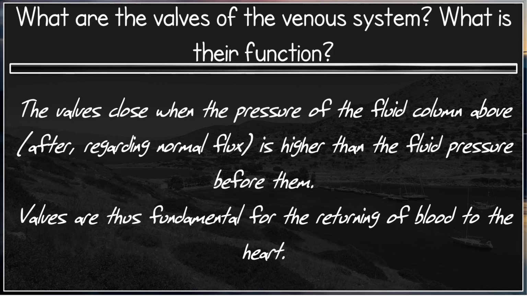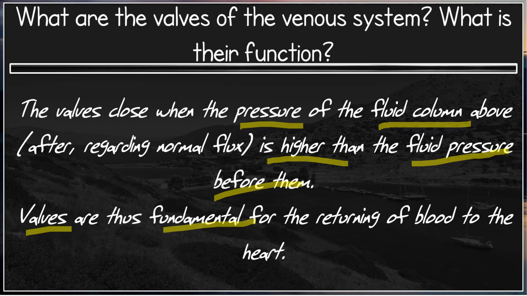The valve closes when the pressure of the fluid column above, against the normal flux, is higher than the pressure below it. Valves are thus fundamental for the return of blood to the heart.